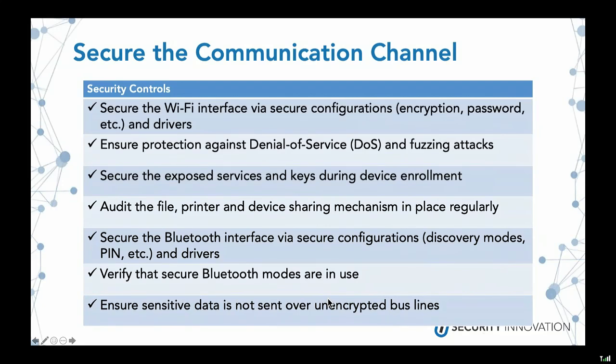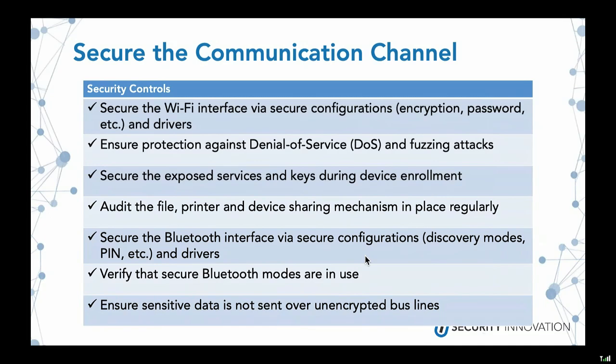And here, you may not always have full control, but that which you do have control over, ensure that it is secured, and secured with encryption, with passwords, with specific modes of protocol communication that you might be able to completely disable.